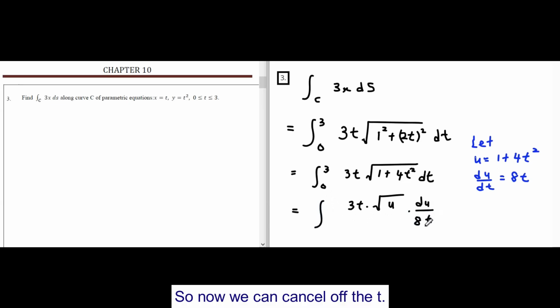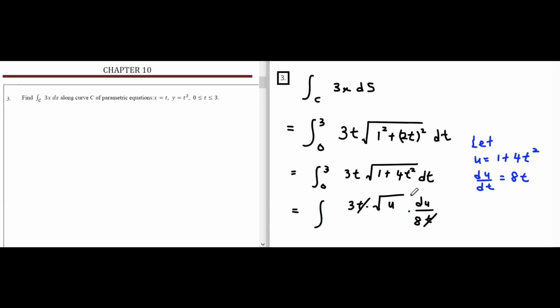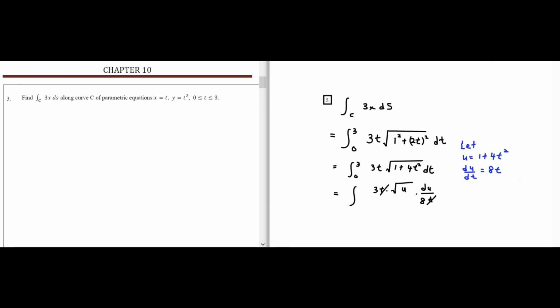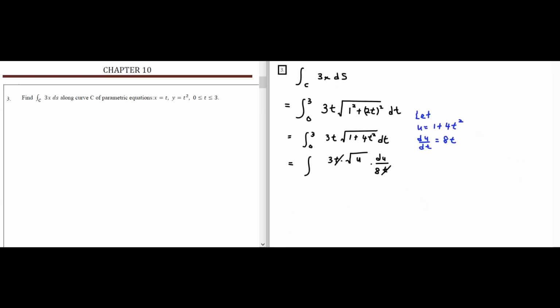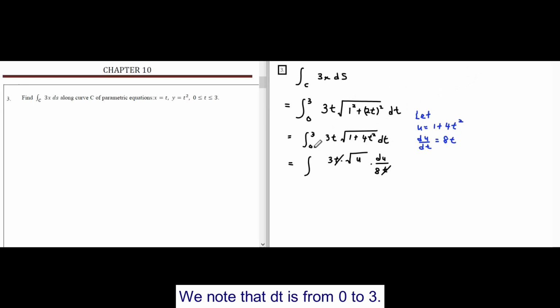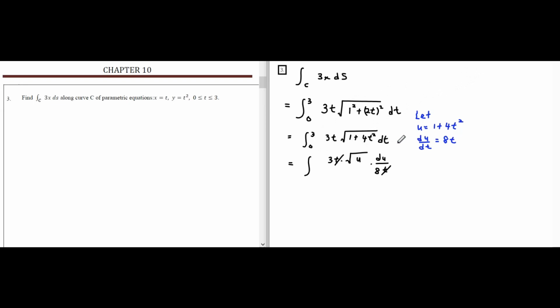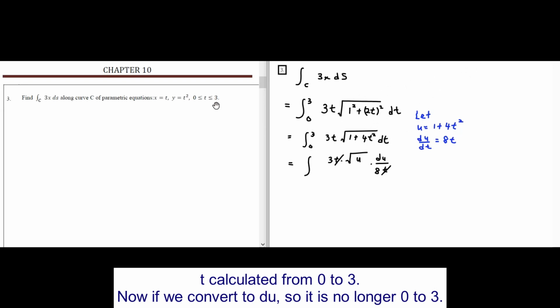So now we can cancel out the t. We note that t is from 0 to 3.